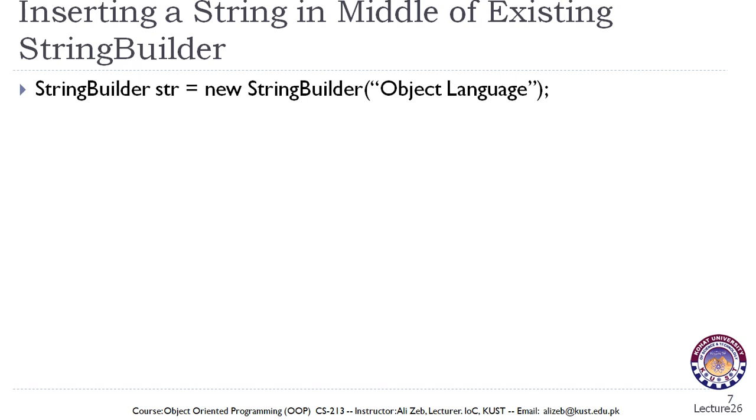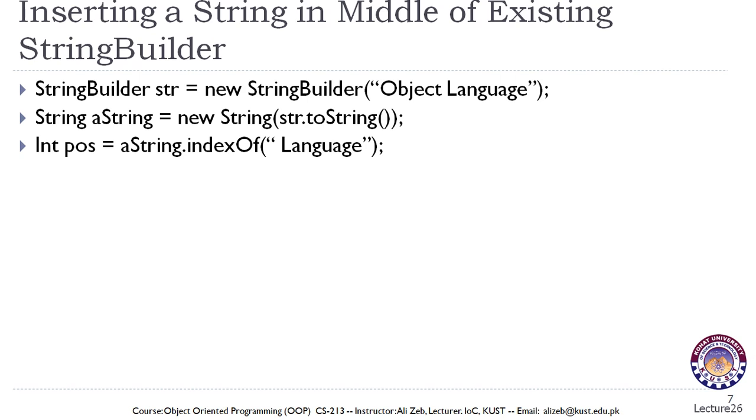So if you are given an object of the string builder, for example in this case we have a string builder object with a value, we may convert it to a string using the toString function and read the position of, let's say, this place into an integer variable.